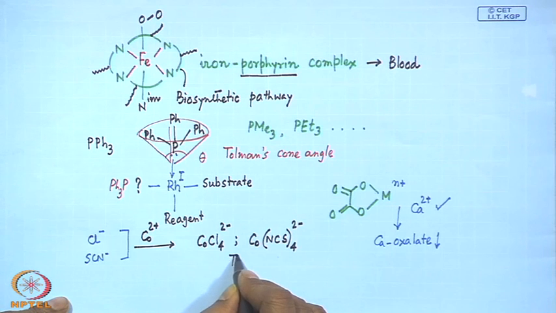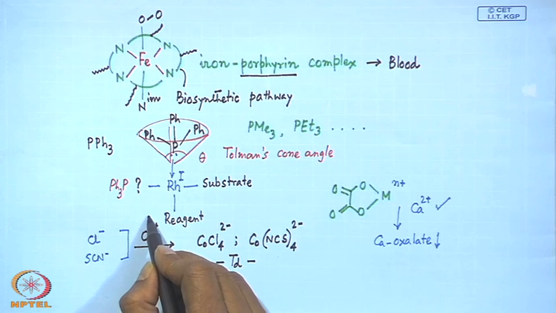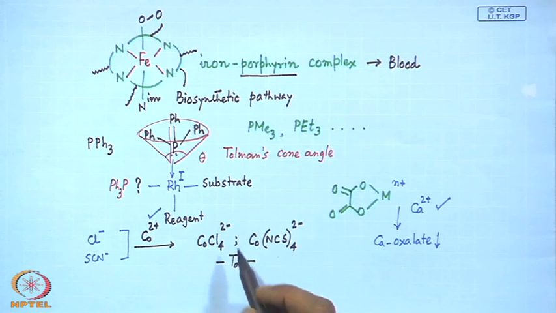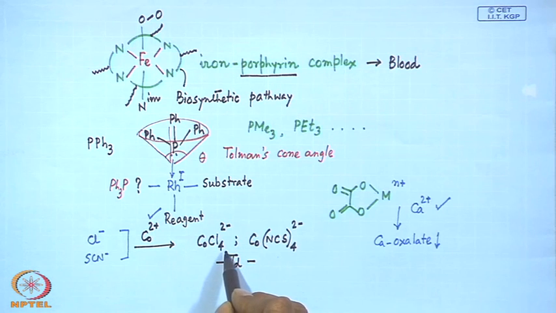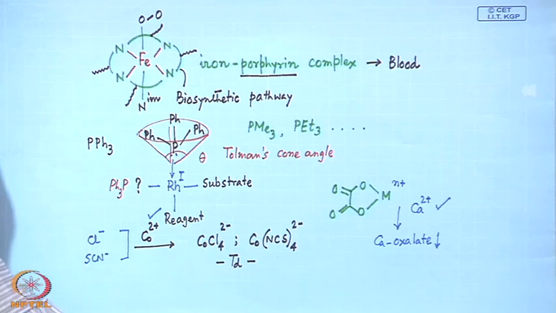So, the geometry of these species is tetrahedral. The typical nature of these ligands, the chloride and the thiocyanate, tells us that whenever we have cobalt available in the +2 oxidation state, this is important, not in +3, four such ligands surrounding the cobalt center give rise to only the tetrahedral geometry.